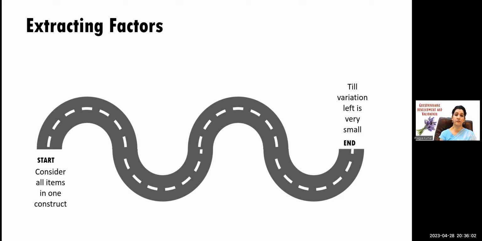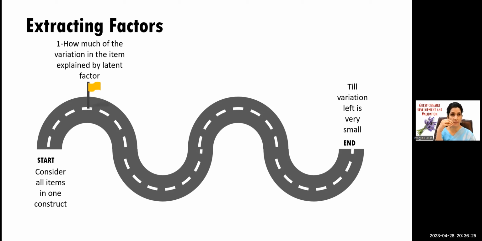So how is this factor extraction done? Basically, you start from an initial point where you consider that all the items are in one construct. That means it is a unidimensional scale. Then in step 1, it detects how much of the variation of that item is explained by the factor.